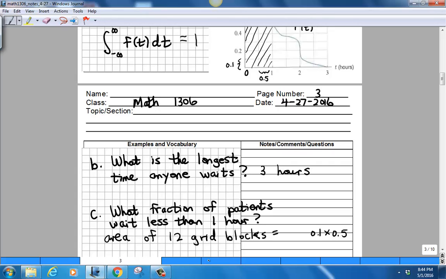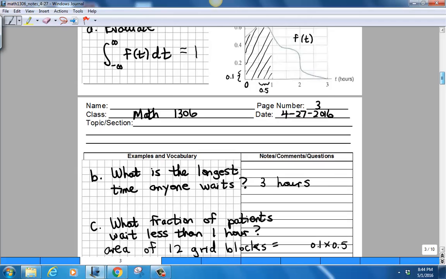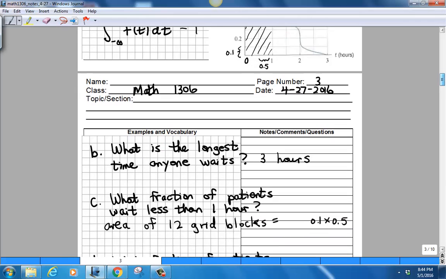And then again, in this area we've got covered approximately, our best guess is about 12 of these grid blocks. So let's take the area of each one of them, which is 0.1 times 0.5, and multiply by 12. And that will give us an approximation for this area.